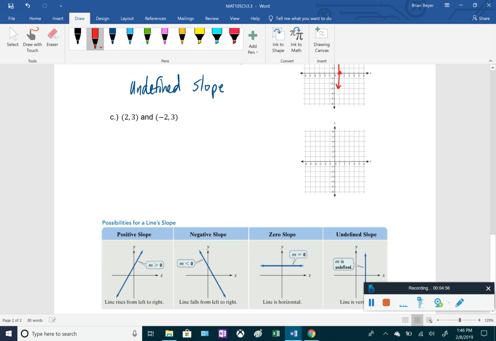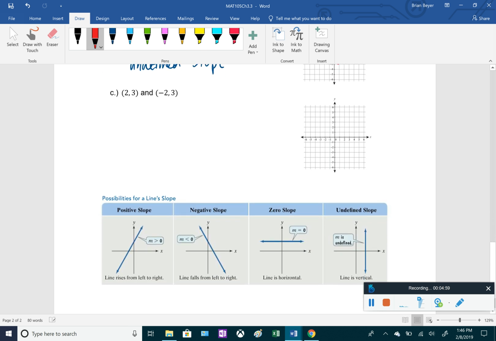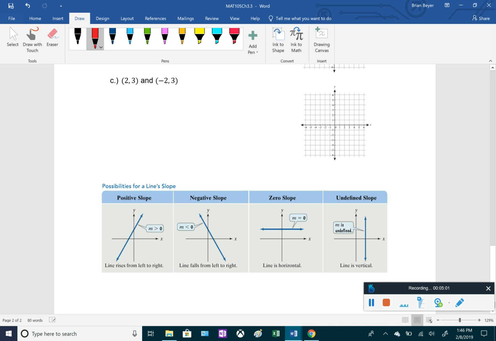Okay, and then the last one here. We have 2, 3 and negative 2, 3. So 2, 3 is going to be right here. And then negative 2, 3 is going to be right here. Connecting these points, we have a horizontal line, meaning that their y coordinates are the same. We can see that they're the same because they're both a 3.